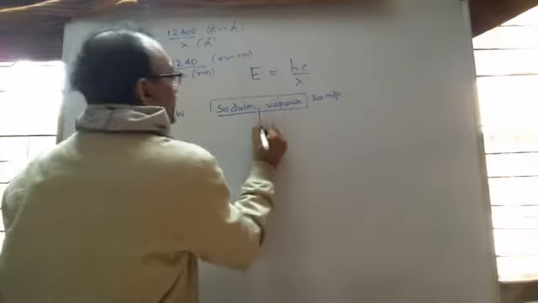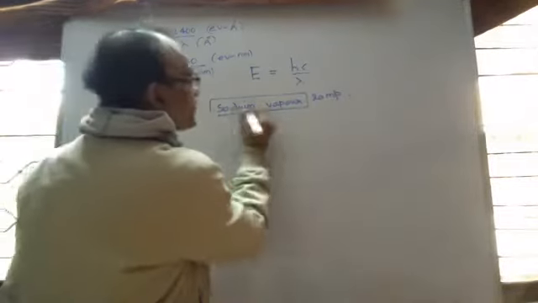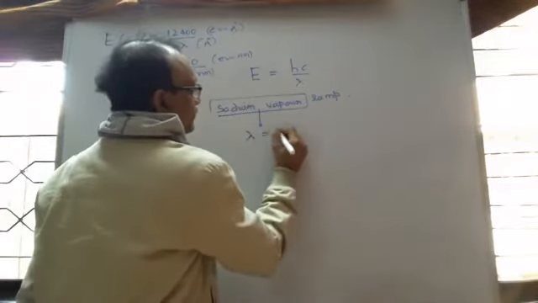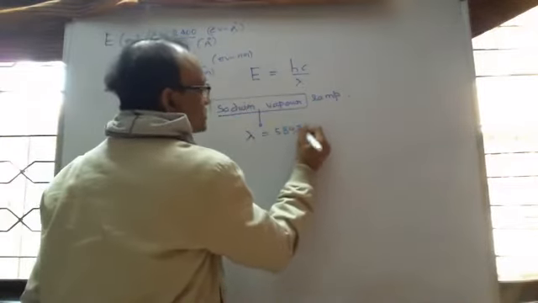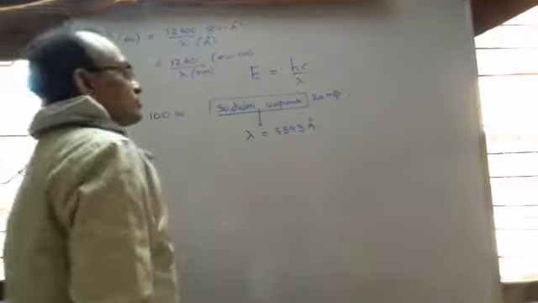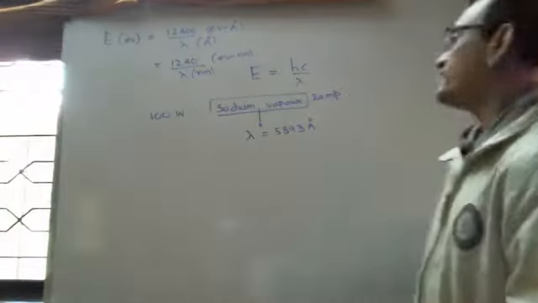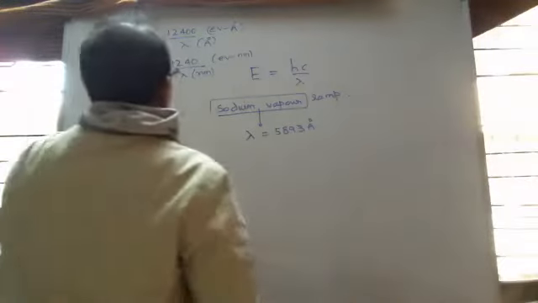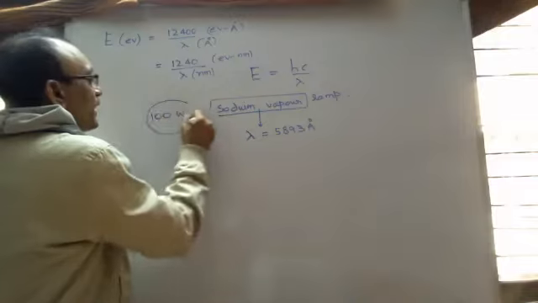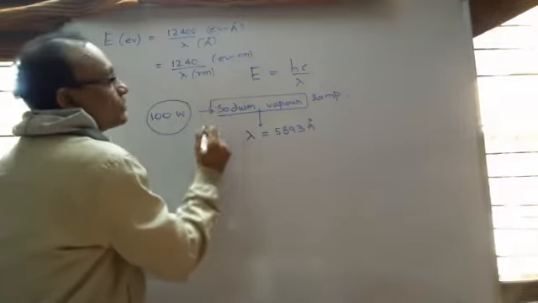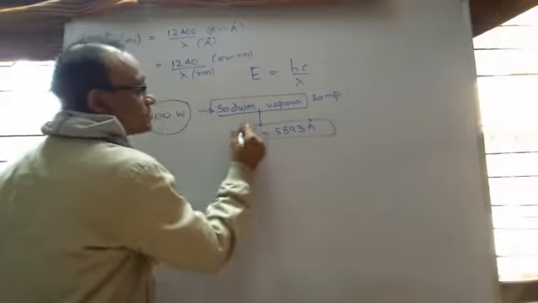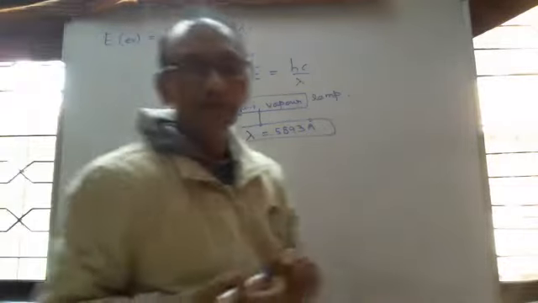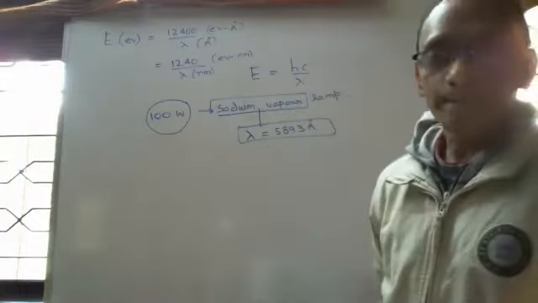The wavelength of a sodium vapor lamp, sodium vapor is light of wavelength 5893 angstroms. इसका सोडियम लाइट का वेवलेंथ होता है 5893 एंगस्ट्रॉम्स. और एक 100 watt lamp is emitting sodium light, sodium vapors, that is wavelength 5893 angstroms.